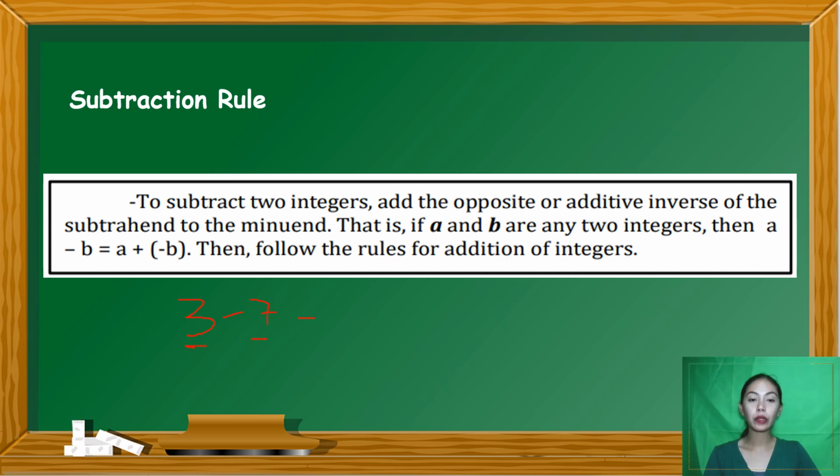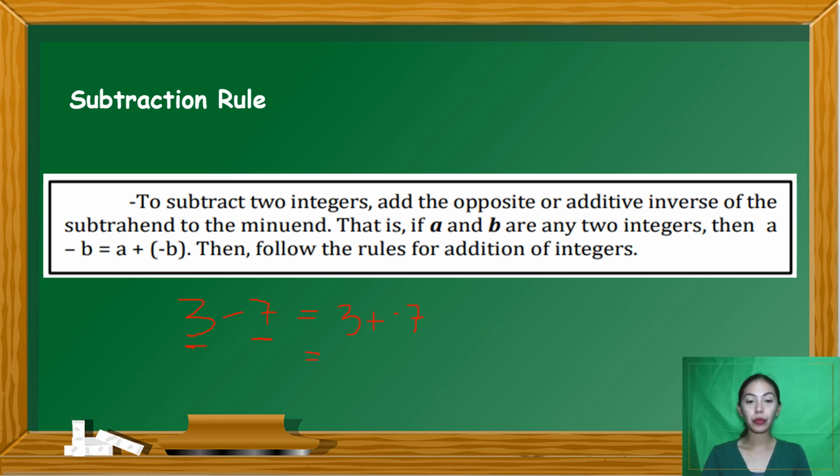As the rule stated, we will have the additive inverse of the subtrahend. Since the additive inverse of 7 is negative 7, we can write this as 3 plus negative 7 and proceed to addition.